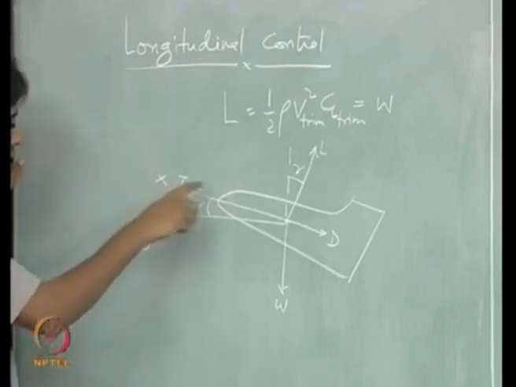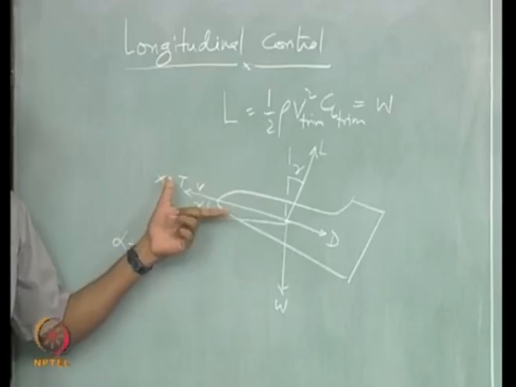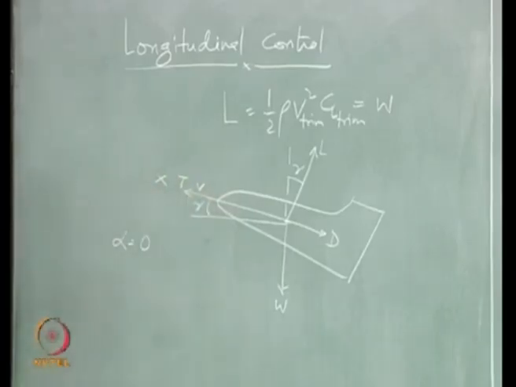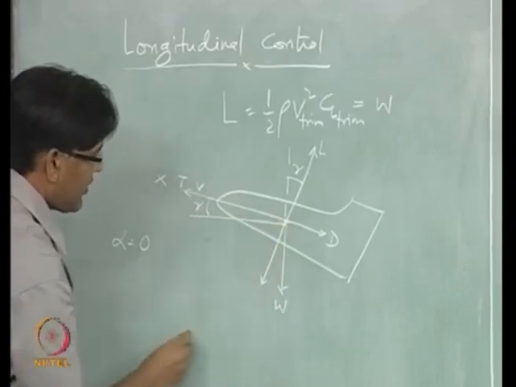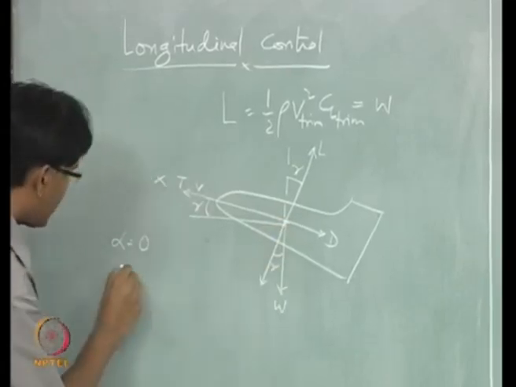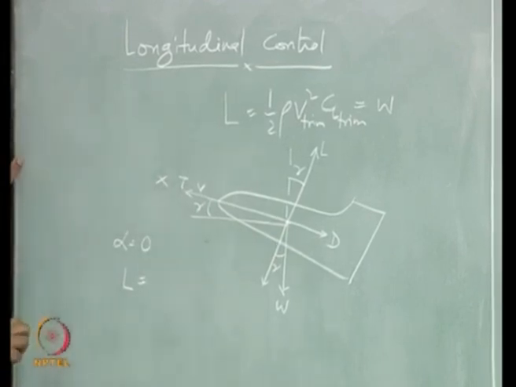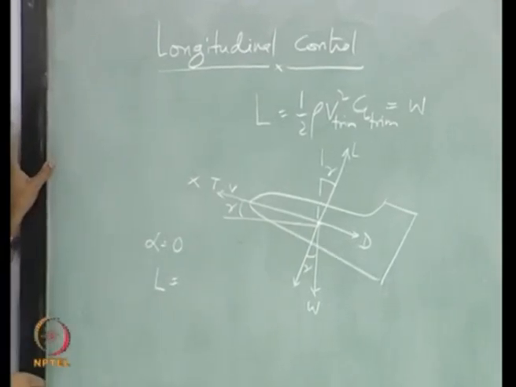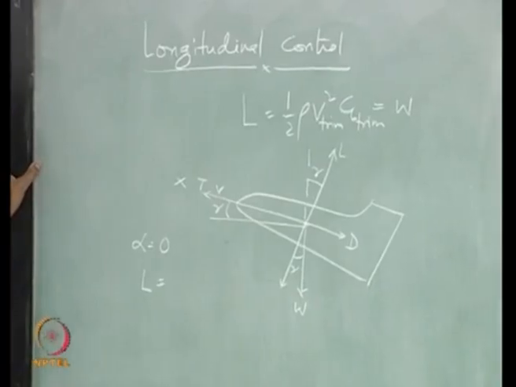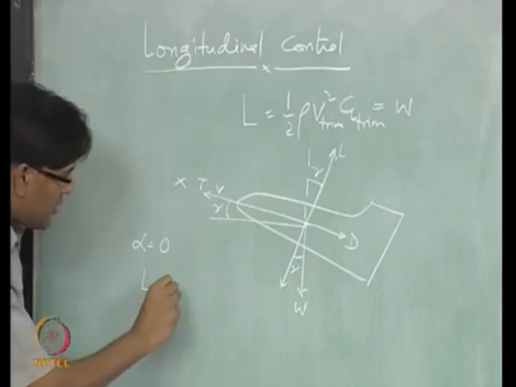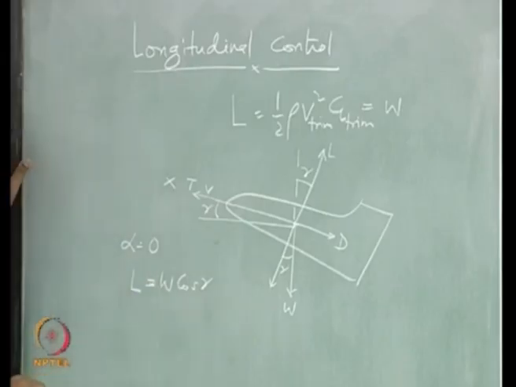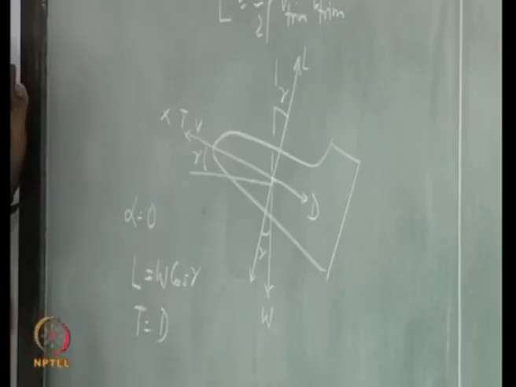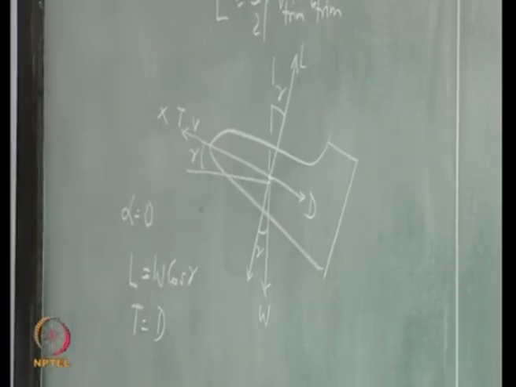So if I want to resolve the forces along this body fixed x axis and the z axis, then this L is what? L has to be, now we are climbing, right. So L has to be equal to, and thrust is equal to drag, okay.